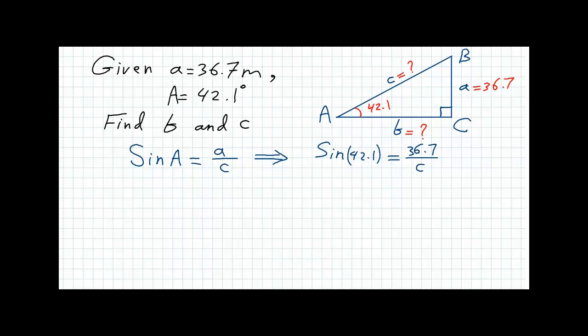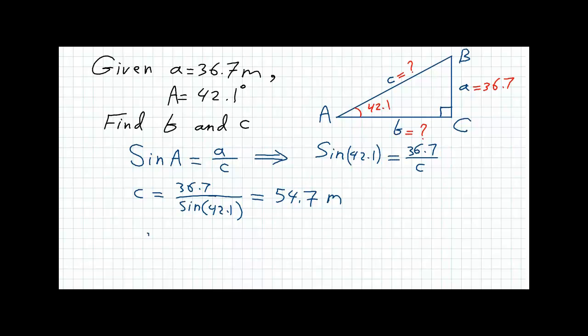So to find c, we divide 36.7 by sine 42.1, and the result is 54.7 meters.